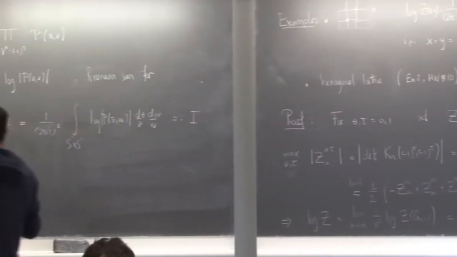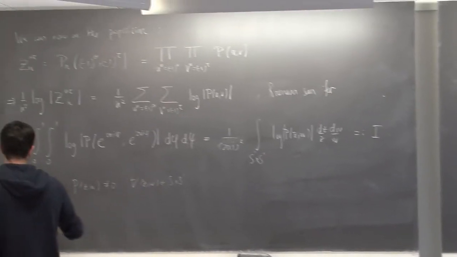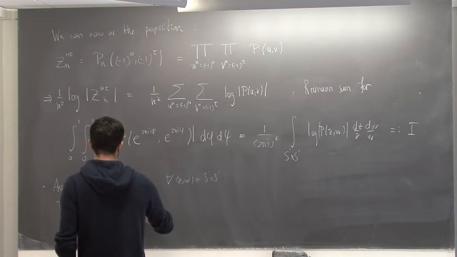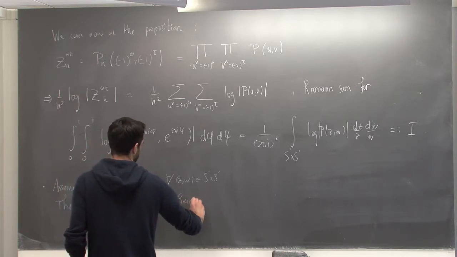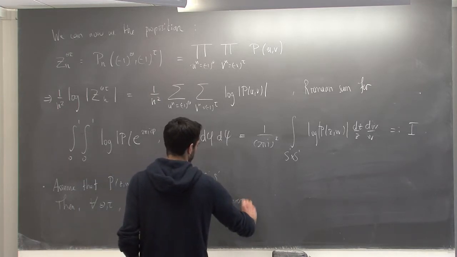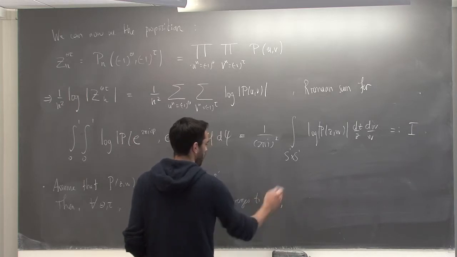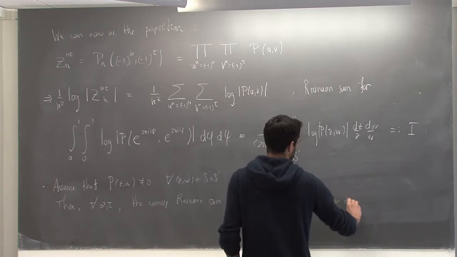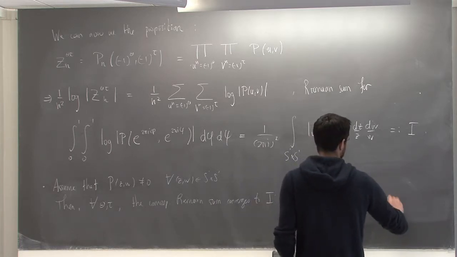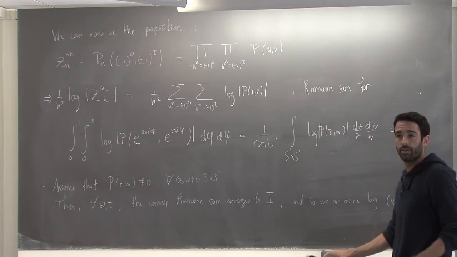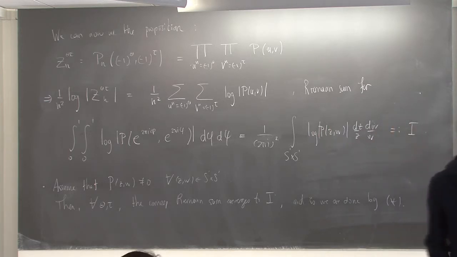So then, for any theta and tau, the corresponding Riemann sum converges to I. And so we are done by star. Okay? In this case, there is strictly nothing to worry about.